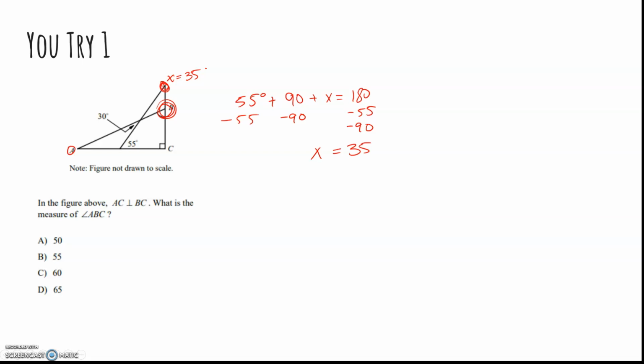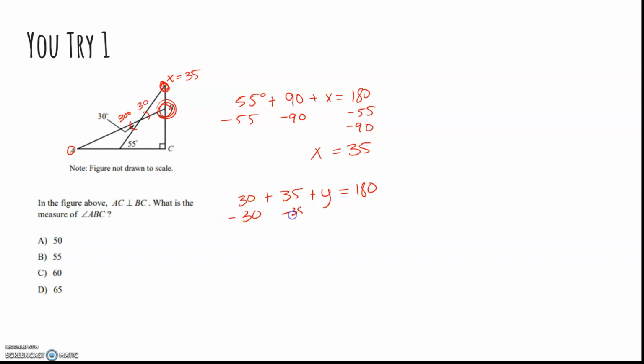Now I know that x is 35. That didn't help us a whole lot until you realize that this is 35 degrees, and this angle right here is 30. This angle and this angle are vertical pairs, so this angle is also 30. Now we have two of our three angles, which means we can solve for the last one. We'll call that angle y. We know that 30 plus 35 plus y is going to add to 180.